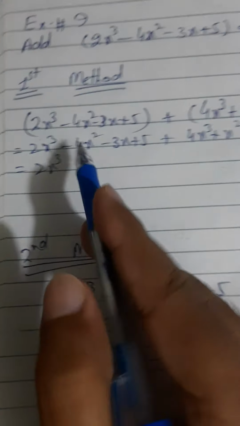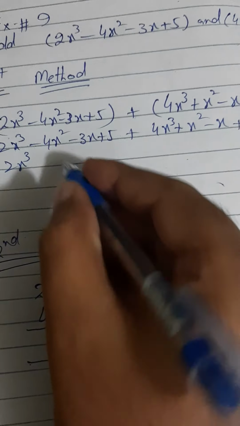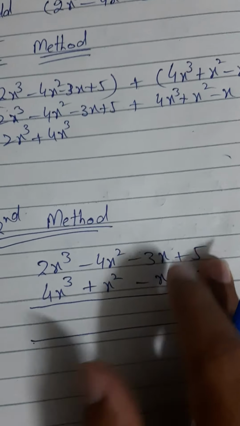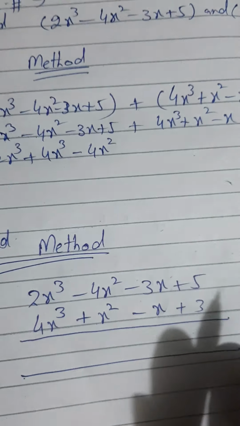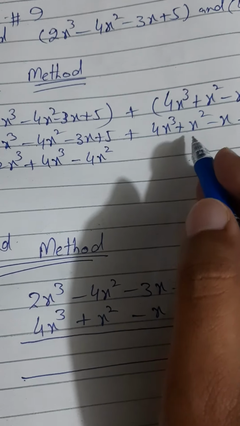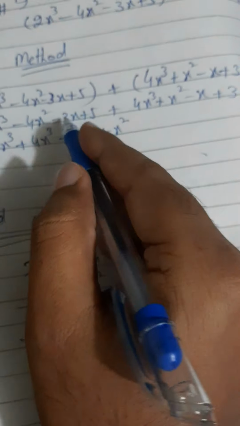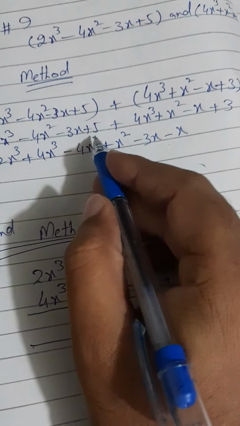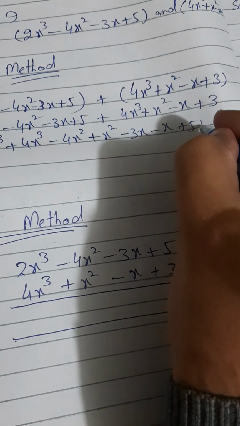So the exponent in the first term is 3, in the same way 4x cube has 3, so I write 4x cube with this. Now we write the next term minus 4x square, which is like term with minus 4x square plus x square, then minus 3x and minus x, and last there is the constant term positive 5 plus 3.